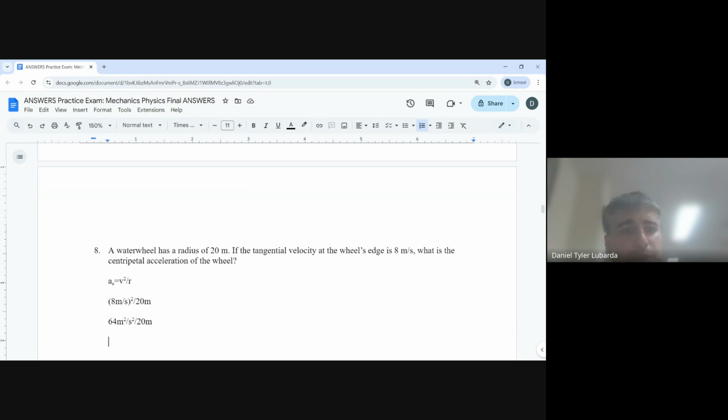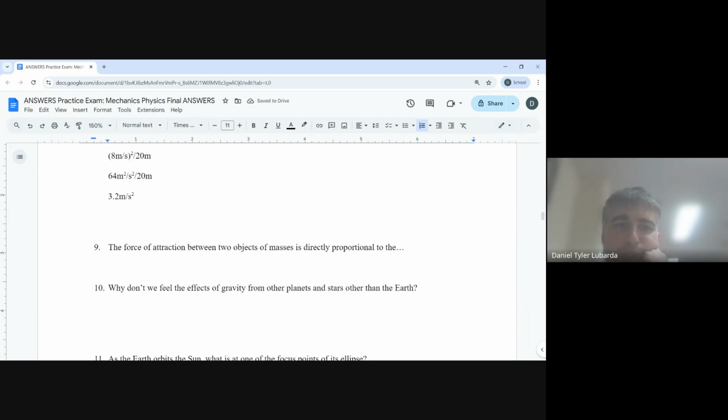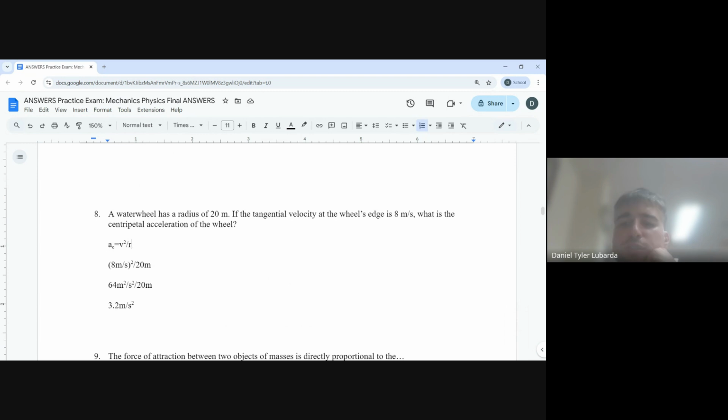So first let's do the number. 64 divided by 20 is going to be 3.2. And for the units, meters squared over seconds squared divided by meters, one of those meters cancels out, so we get meters over seconds squared. And that's our final answer. That's the acceleration going towards the center of that water wheel.